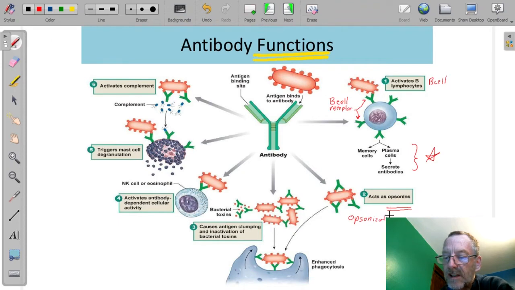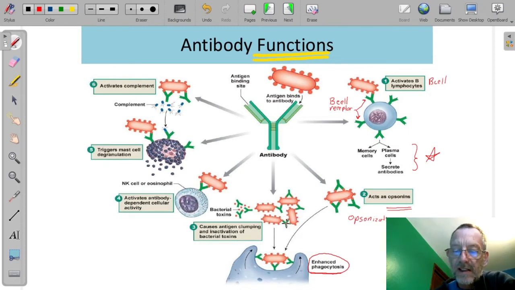And in some sense, it makes the antigen tasty, if you will, for the macrophage. So we have increased or enhanced phagocytosis. Basically the macrophage is able to grab the stem of the antibody, get a grip on it, and endocytose it.